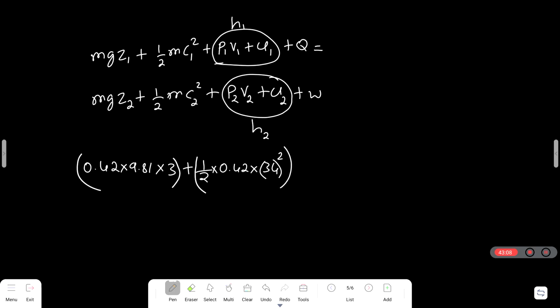Plus enthalpy. Enthalpy is given as 2785. What is the unit? Kilojoule per kg. Here we have watt, so I have to make this also watt. This is joule per kg, so I need to multiply it with the mass.